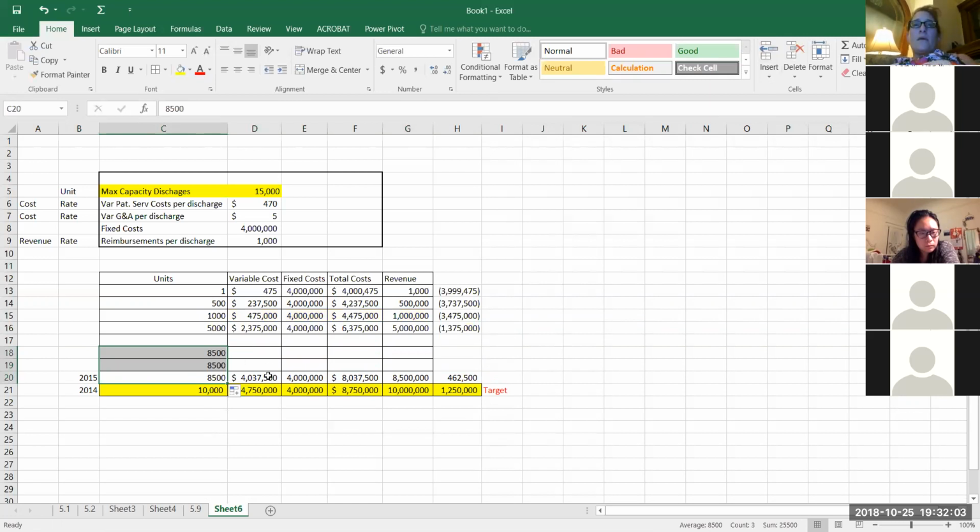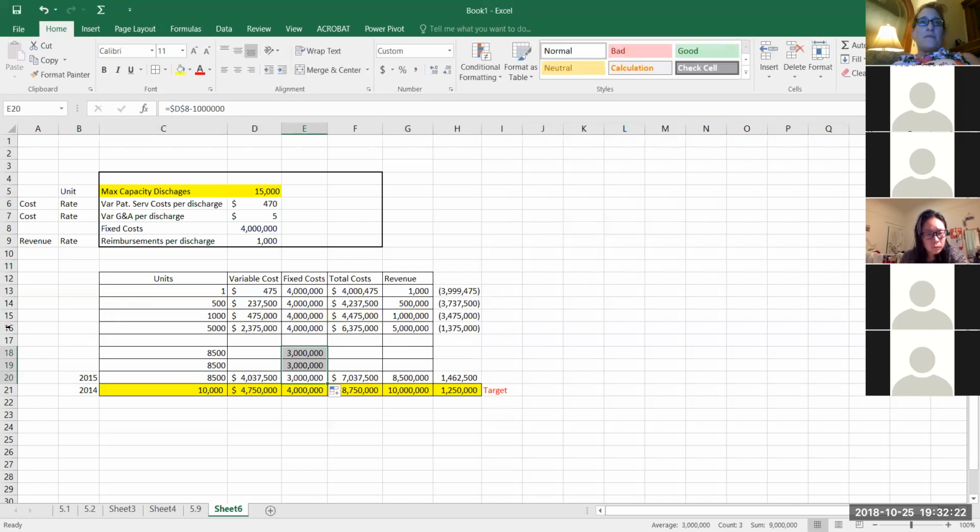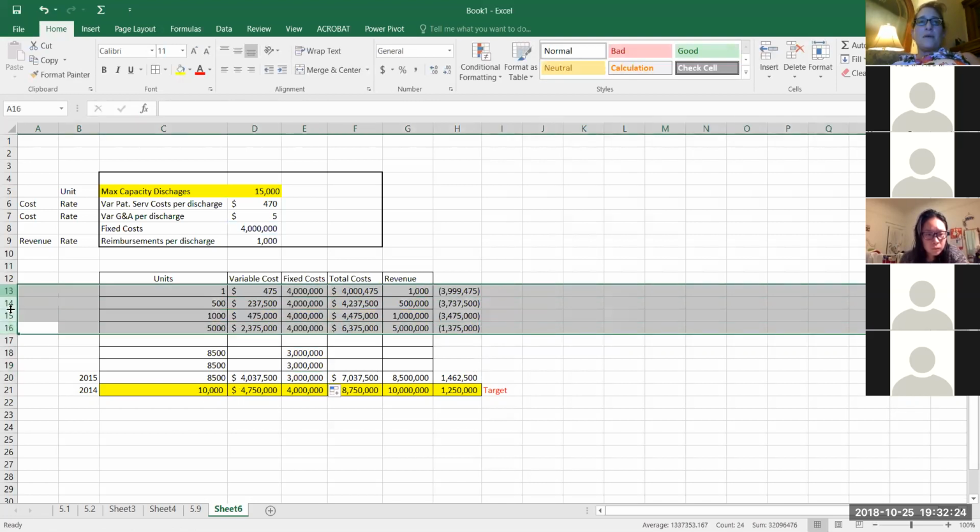Now, what we had already, there was a given that we were going to be able to reduce our fixed costs by $1 million. I'm going to go ahead and do that in this formula. Take out $1 million. So that definitely changes. I'm going to pick that up for all the items in this example. I'm going to hide these things. I don't want to get too confused.